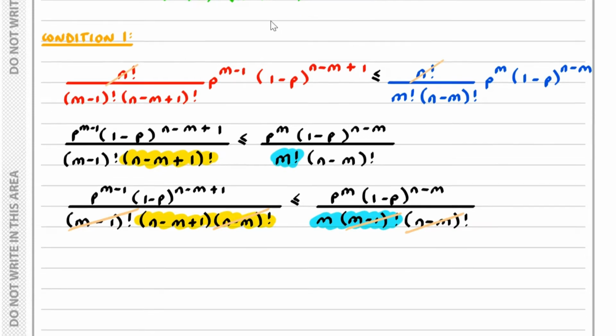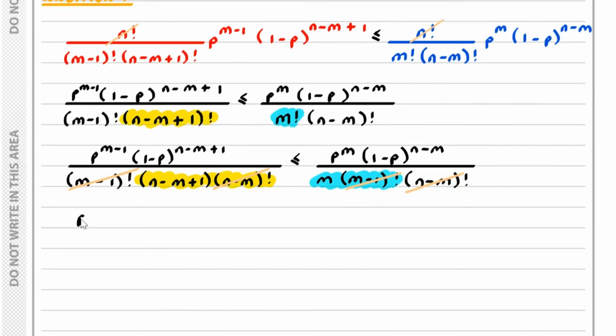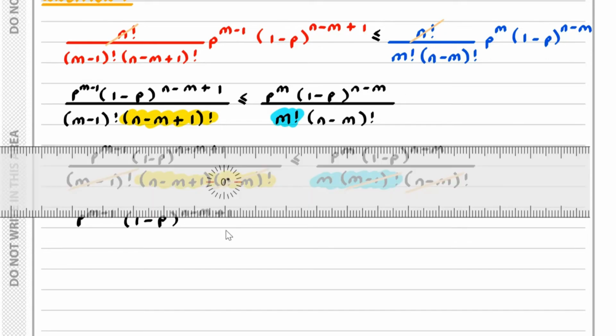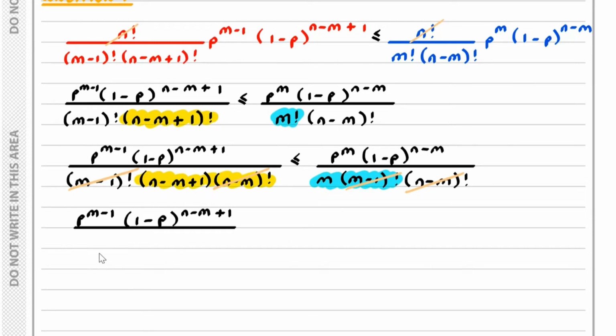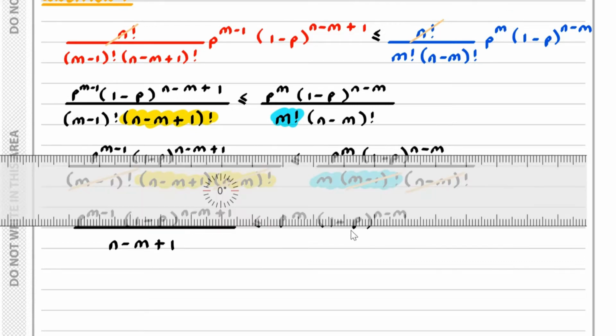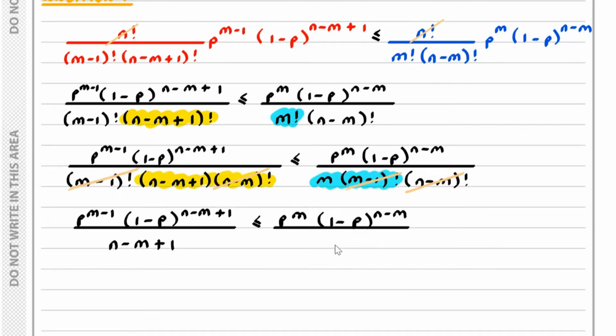So what we have then is p to the m minus 1 times 1 minus p to the n minus m plus 1 divided by n minus m plus 1, and this is less than or equal to p to the m times 1 minus p to the n minus m, and then we divide this by m.